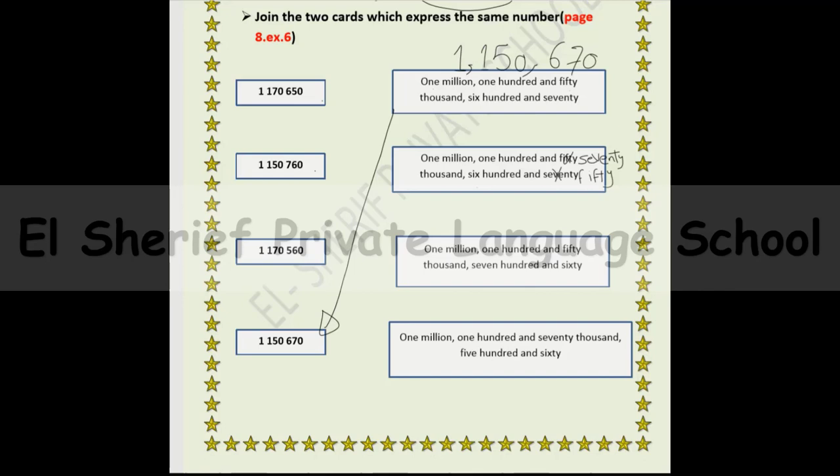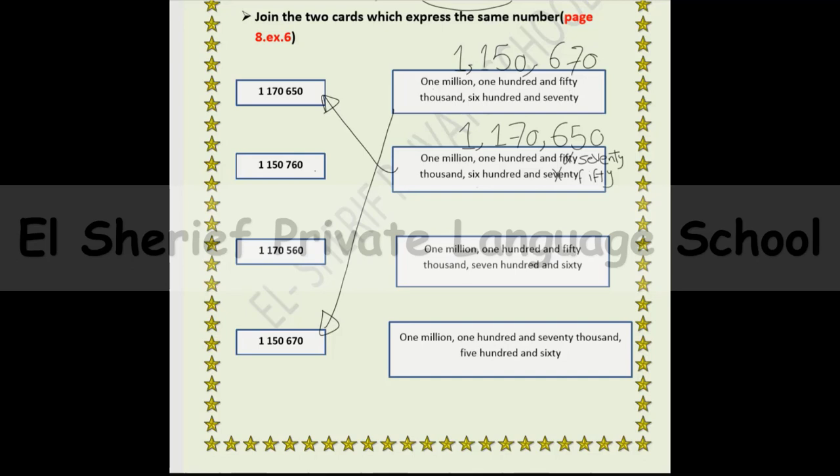The next card, 1,170,000. So 1,170,000, 650. And search for this number and join. 1,170,650.